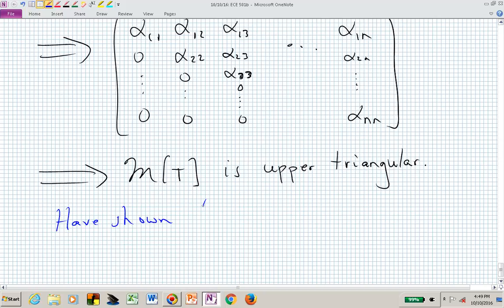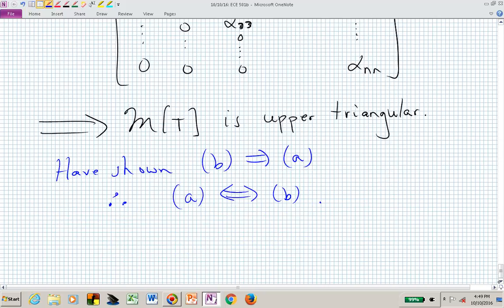We've shown then that B implies A, and we just recently showed that A implied B, so now we can conclude that the statements A and B are equivalent. That was part one of this proof of showing these three statements are equivalent.